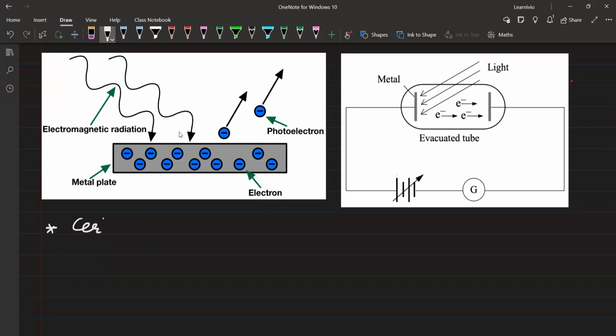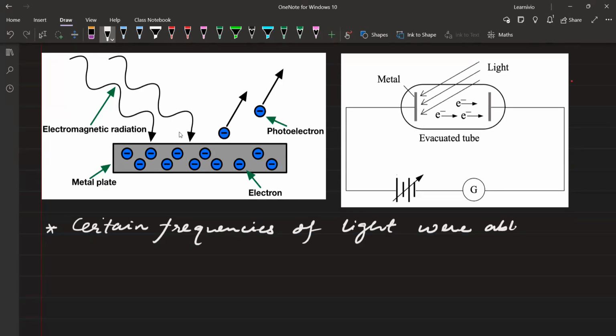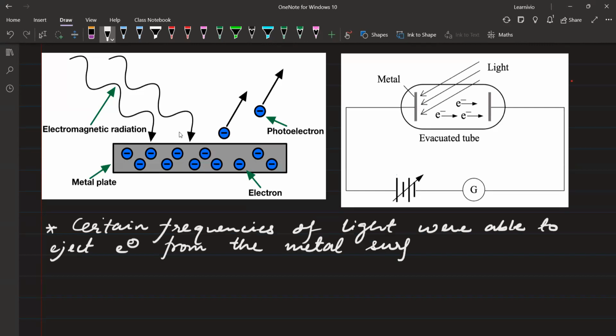Certain frequencies were able to eject electron from the metal surface.